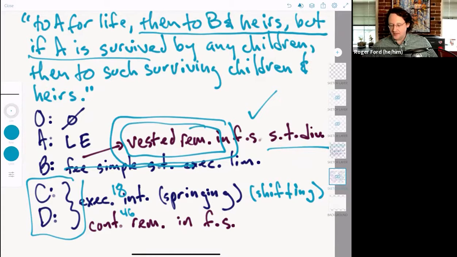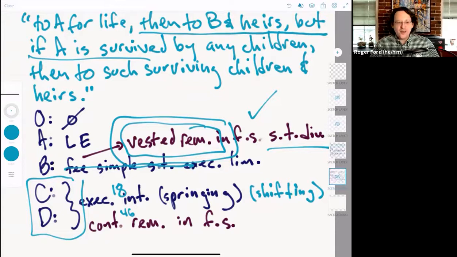An executory interest is sort of defined as an interest that is going to yank it away from someone who has a previous fee simple of some kind. So I said that it doesn't always pair with a fee simple subject to executory limitation, but one of the ways it's defined is divesting a previous fee simple, right?